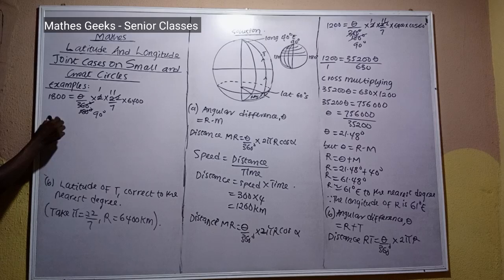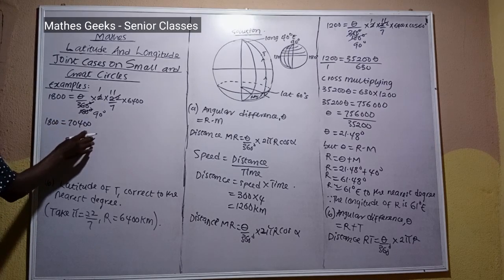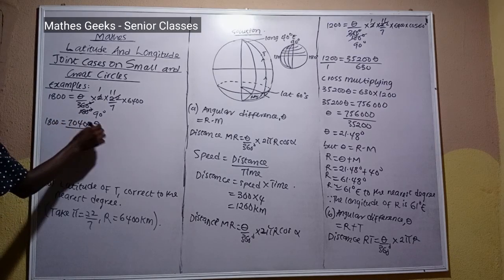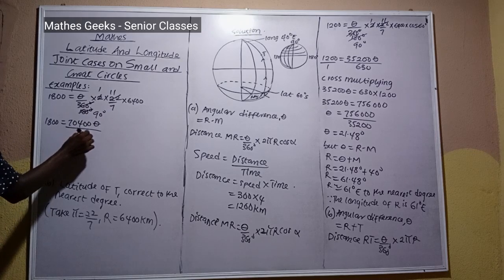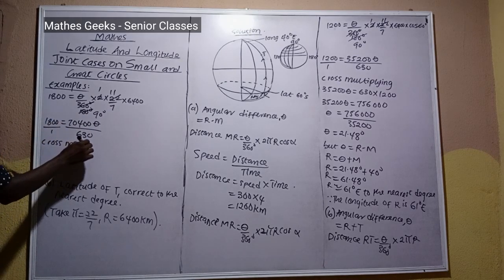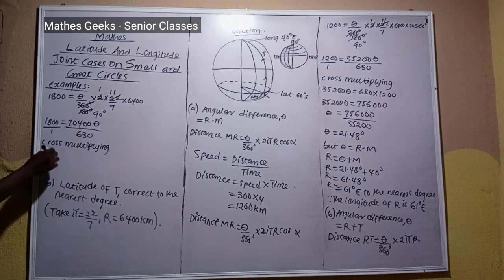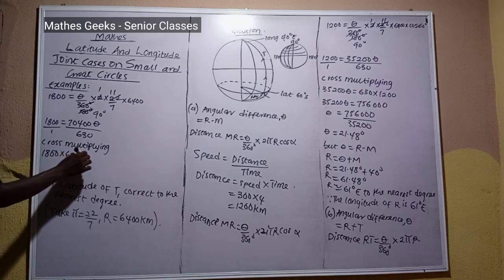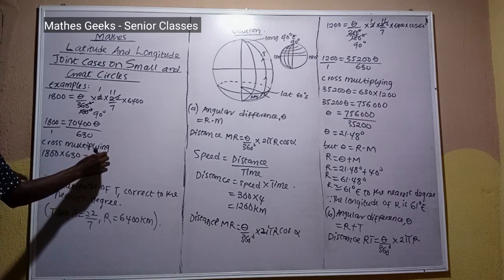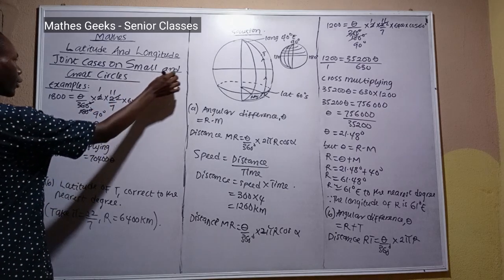So 1,800 is equal to 11 times 6,400 theta over 90 times 7, which is 630. So cross multiplying, we're going to have 1800 times 630 is equal to 70400 theta.